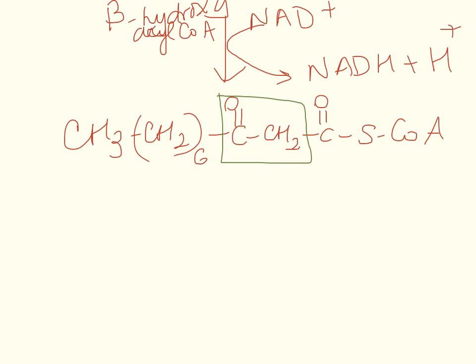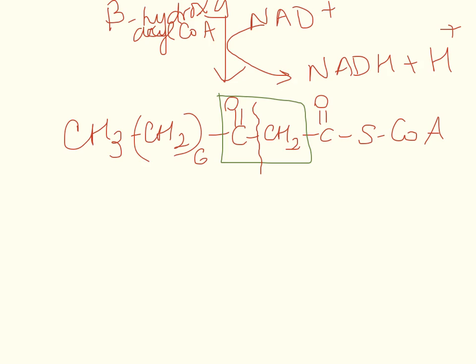At this point, the fourth reaction is the cleavage reaction. This is the final step. The fatty acid is cleaved at the beta carbon to yield a 2-carbon acetyl-CoA, right? It is cleaved at the beta carbon. So you get at this point, right?